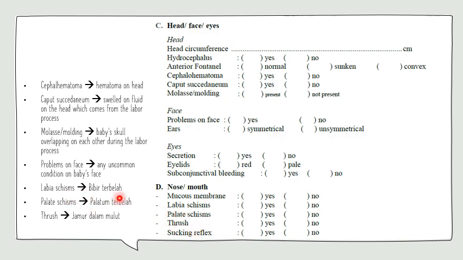Labioschisis means that the lip is cleft in the middle, and palatoschisis is the condition where the palate is not fully developed, and thrush is when you have a problem within your mouth.